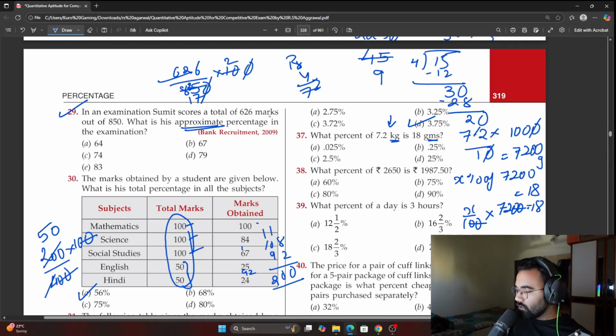Yes, 18 fours is 72. So x, when 4 goes over to that side, it becomes 1 upon 4. 1 upon 4 is how much? 0.25. That is B. 38 is the same.